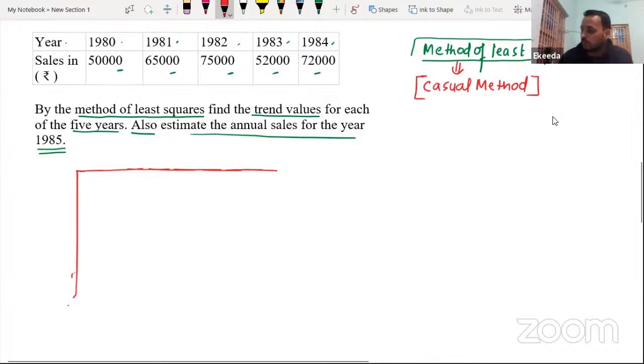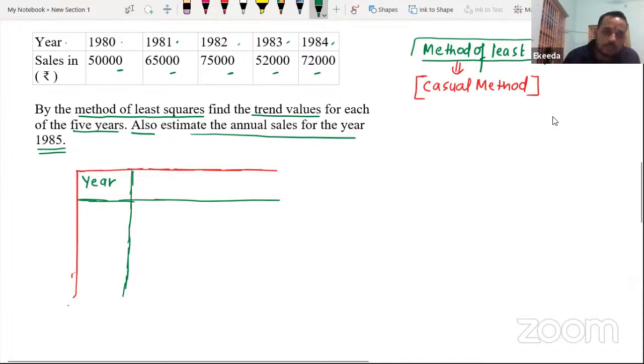In the first column I am writing year. In the second column I am writing the sales data, that is sales.